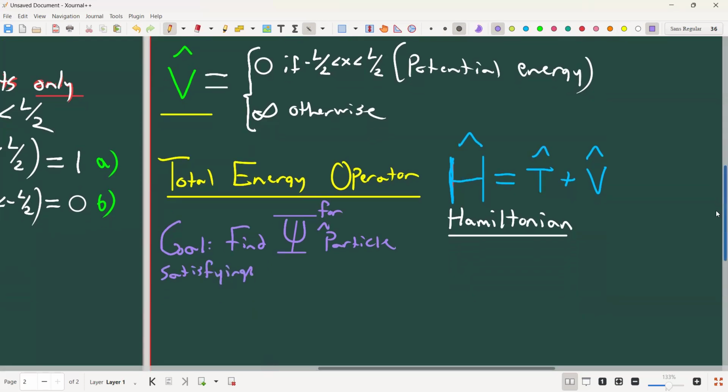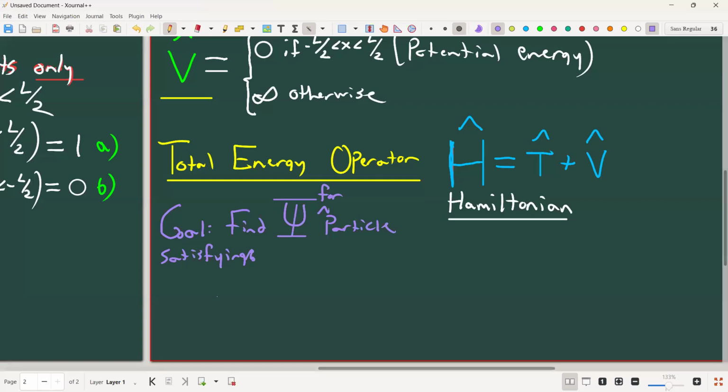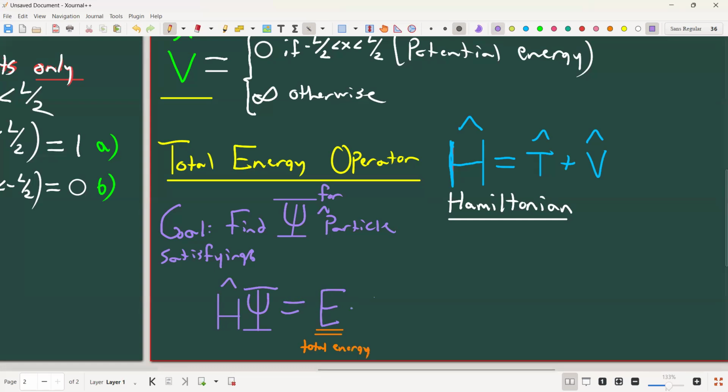Very particular set equation, which is that when H is applied to the wave function, it returns the energy, the total energy. And I always write total energy as E. And that's, again, the number times the wave function. Right? Again, we're seeing that quantum measurement theorem again. Right? So we want to find the wave function such that when we take the Hamiltonian of them, we get the energy back times the wave function.